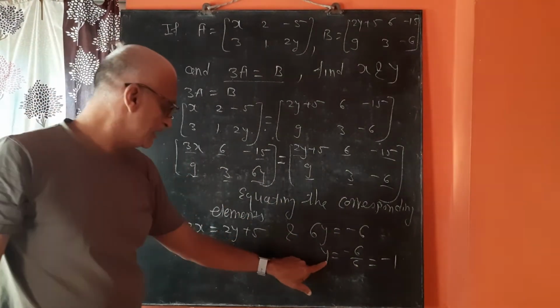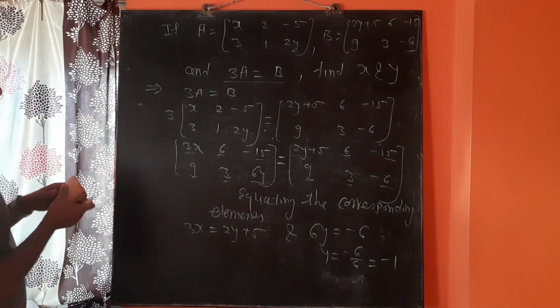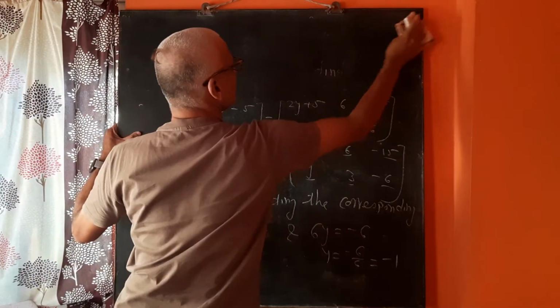Now substituting the value of y equals minus 1 in this equation. If we substitute the value of y in this equation, then we will get the value of x.